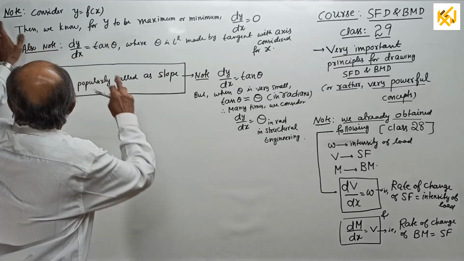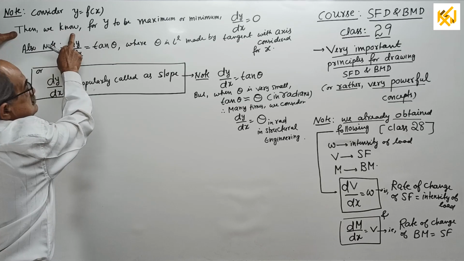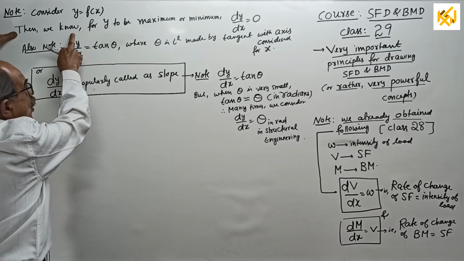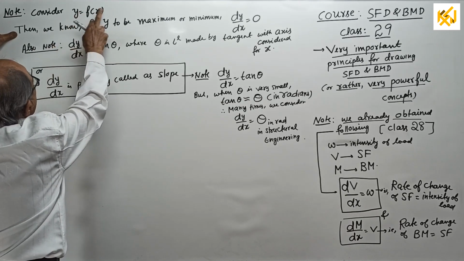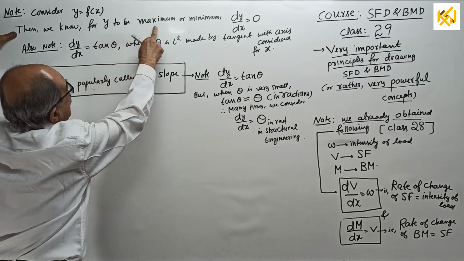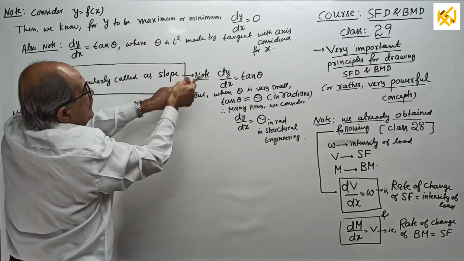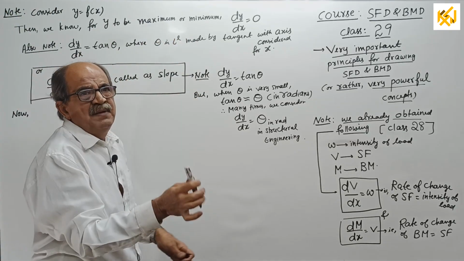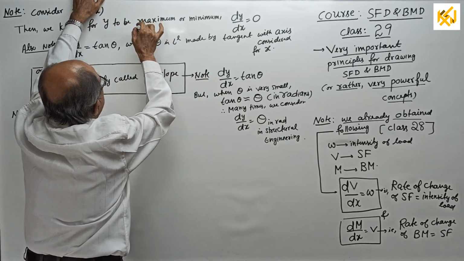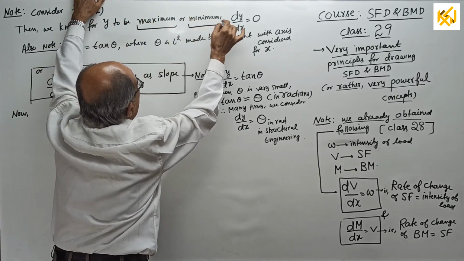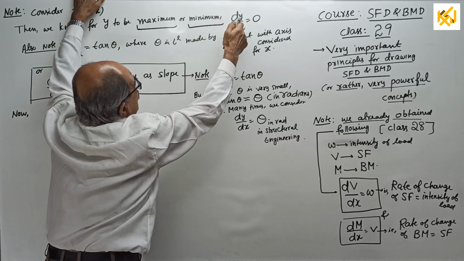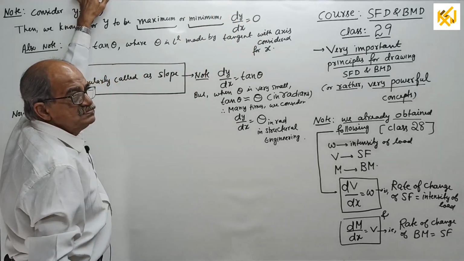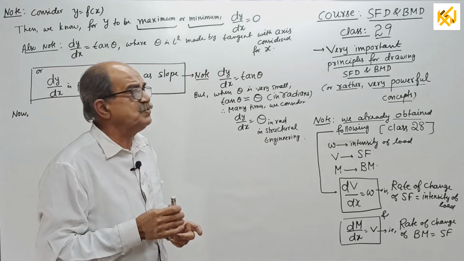Okay. Now, we know that you are supposed to know when y is f of x, for y to be maximum or minimum. Remember, usually people tell only maximum. No. So many times it can be minimum. Maximum or minimum, dy by dx should be 0. I will make full clear what is the meaning of this one.